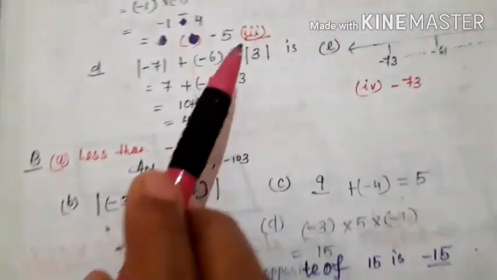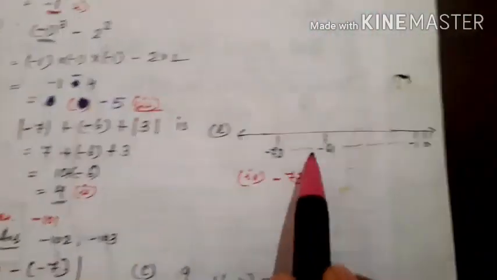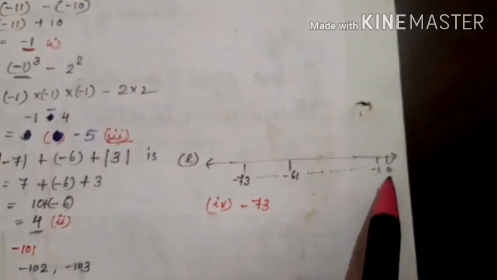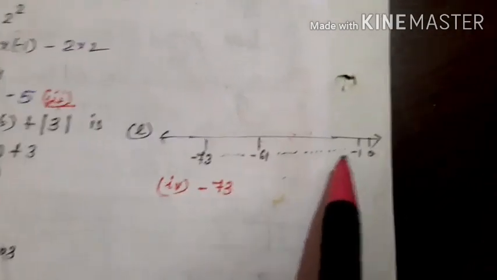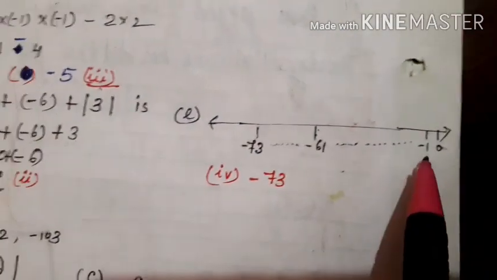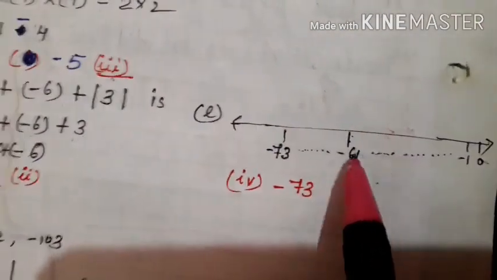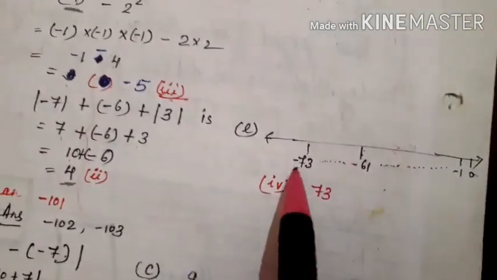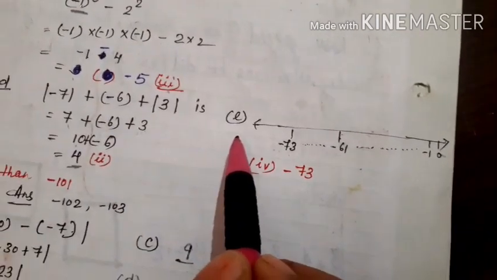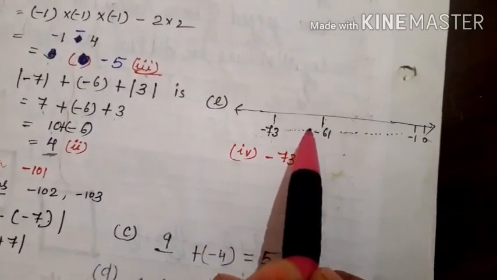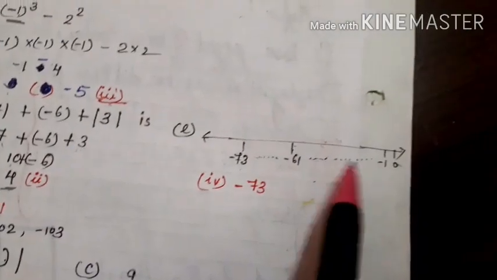Then which of the following does not lie to the right side of minus 61 on the number line? See, I have drawn here an imaginary number line from 0. This side is positive numbers you have to write, and on the left side you have to write down the negative numbers. Suppose minus 1 like this, here minus 61 up to minus 73, like this the numbers will come. Then the question has given which of the following does not lie to the right side of minus 61.